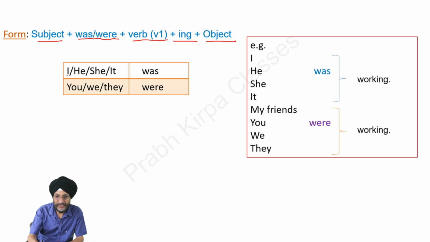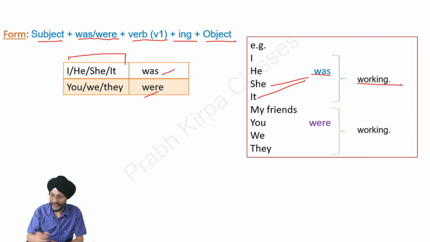In the case of subject I, he, she, it, we use the verb was, and in the case of you, we, they, we use were. For example, I was, he was, she was, it was working.